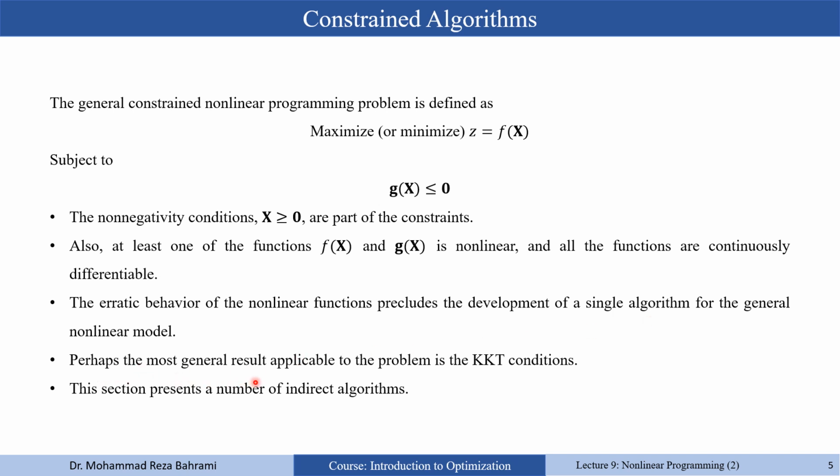Perhaps the most general result that we can apply to all nonlinear programs is the KKT conditions. We talked about it last week. In this lecture, we are going to present two indirect algorithms.